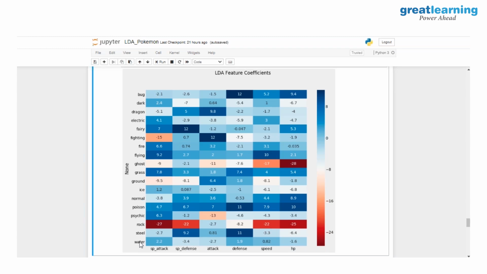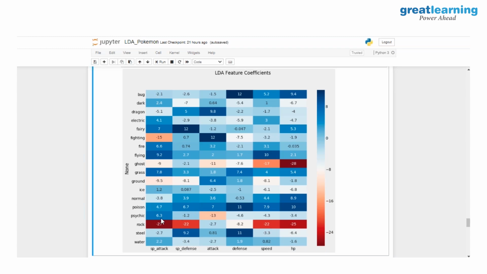So the idea is, which one do you see is loading well on these vectors? Which of these is contributing to these vectors? Just spend some time analyzing values which are quite big in terms of positive or quite low in terms of negative, because both are helpful to us.